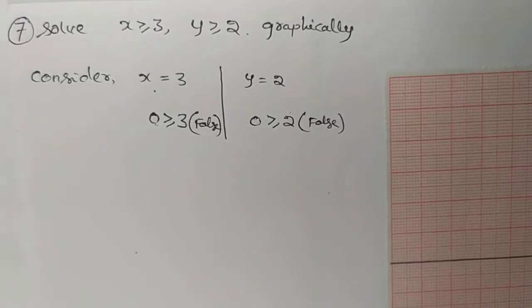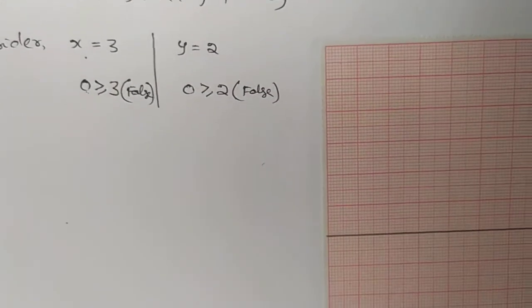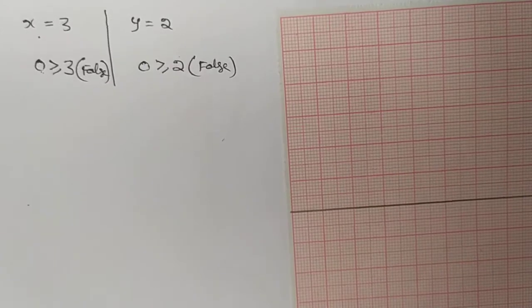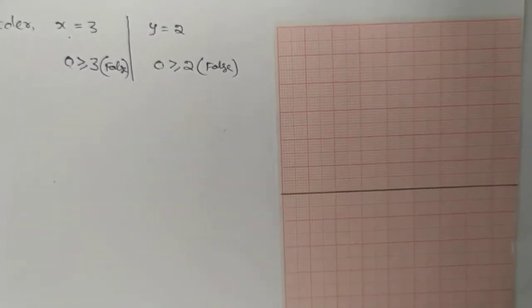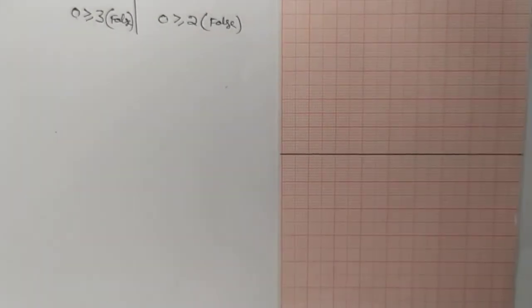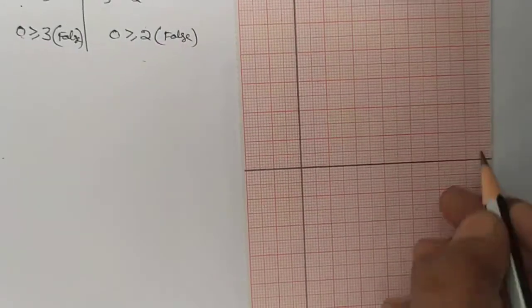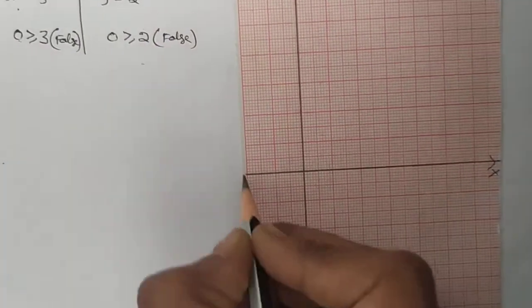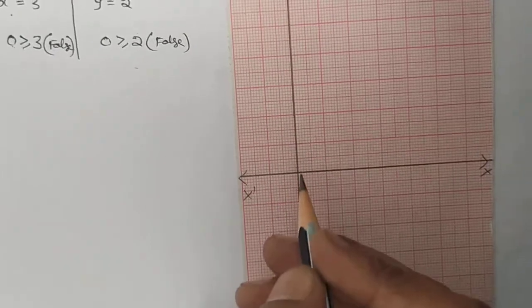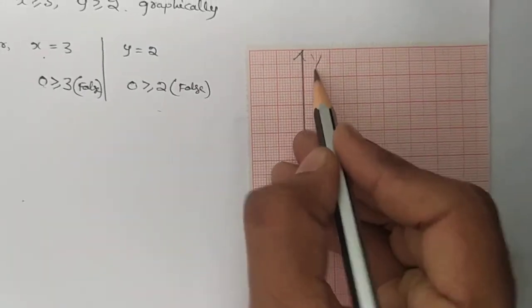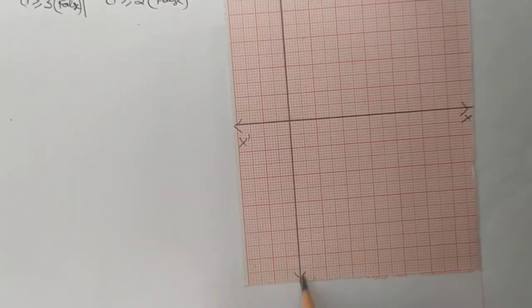Now, let us plot a graph of x equals 3 and y equals 2. So this is the positive x-axis and this is the negative x-axis. It is positive y and it is negative y-axis.